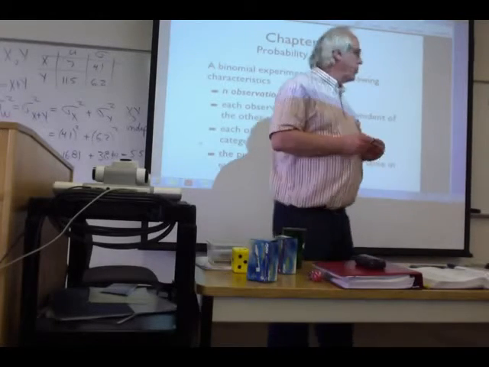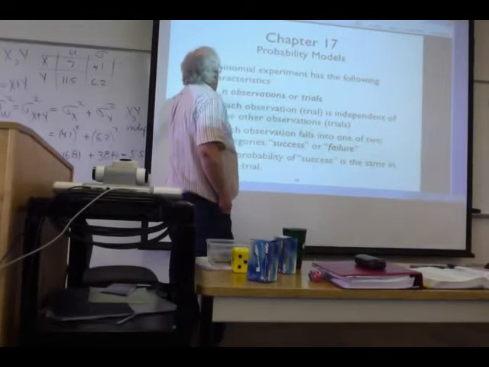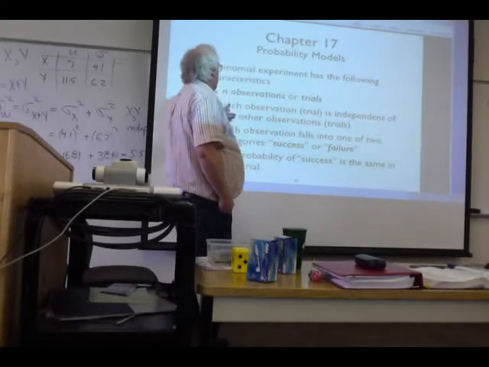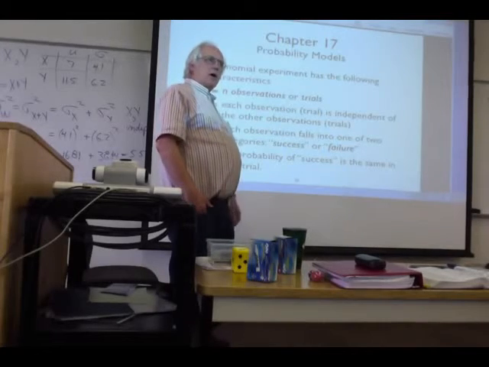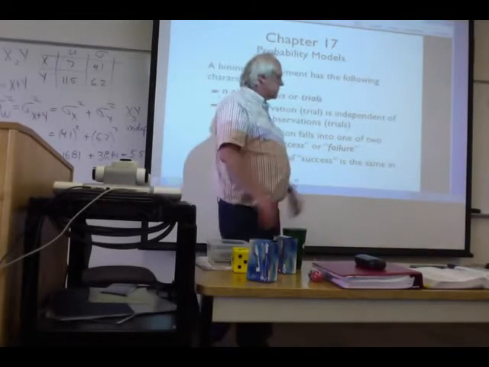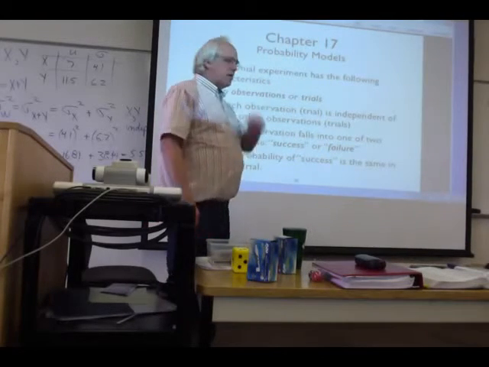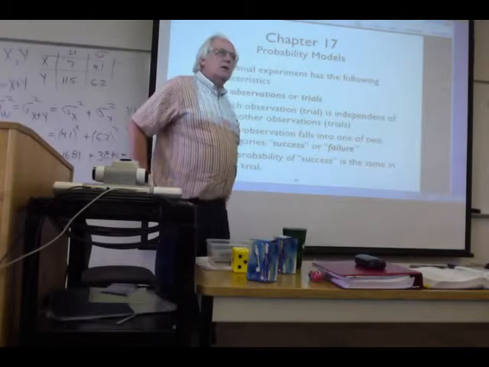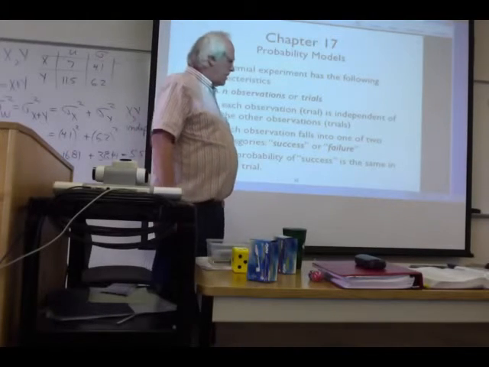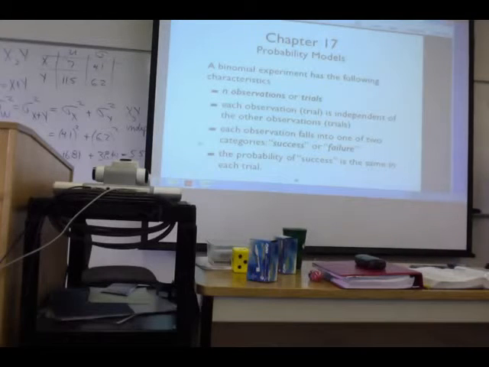So this is the binomial experiment. I'm doing it 50 times. The trials are independent. I have something I call success, something I call failure, and the probability of success remains the same each time. Now this was just one choice of success and failure.